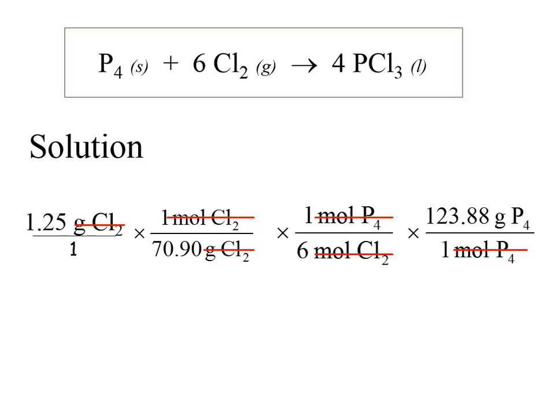To me, it looks like I am limited by the grams of Cl2 to 3 significant figures. So we get 0.364 grams of P4.